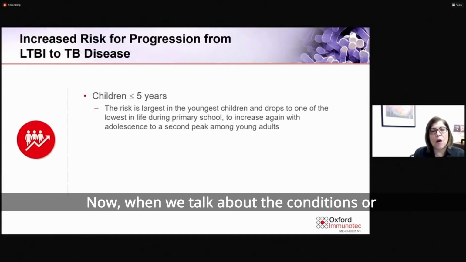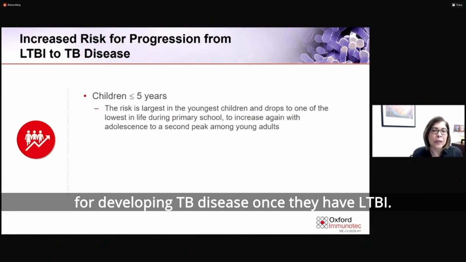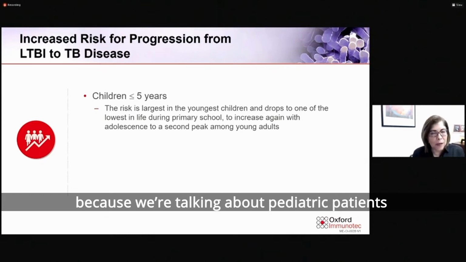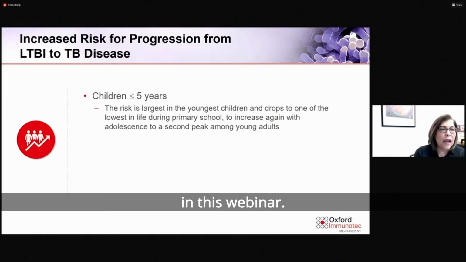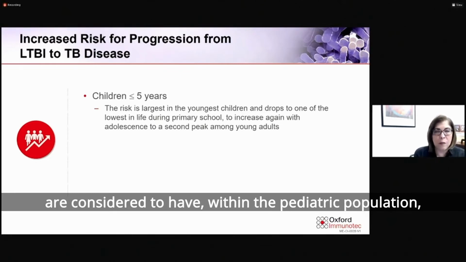Now, when we talk about the conditions or persons that are at higher risk for developing TB disease once they have LTBI, of course, we talk first about the children because we're talking about pediatric patients in this webinar. So children less than 5 years of age are considered to have the highest risk within the pediatric population.